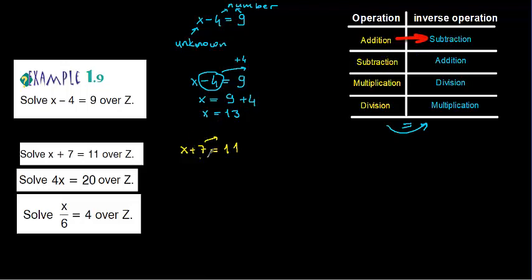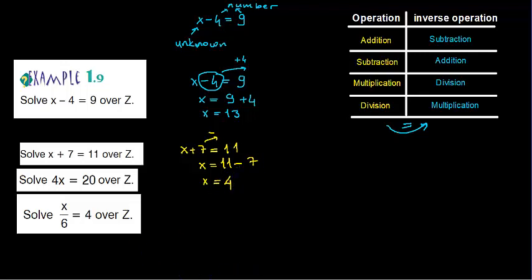So when we have addition on the left side, if we are moving it to the other side, the operation becomes minus. So x is equal to 11 minus 7, and x is equal to 4.